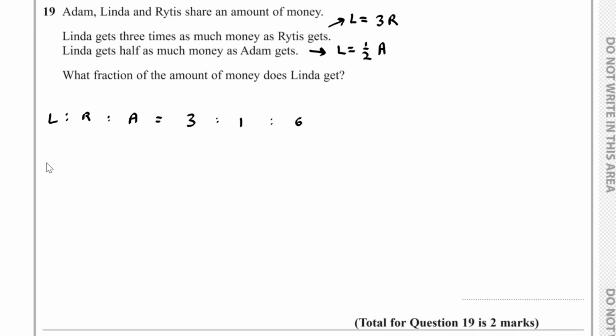So therefore, Linda would get, as a fraction, we have here 3 plus 1 plus 6 on the bottom, and on the top we get 3. So if we tidy this up, turns out we get 3/10.